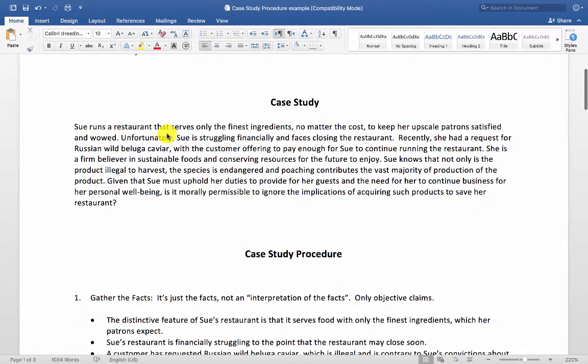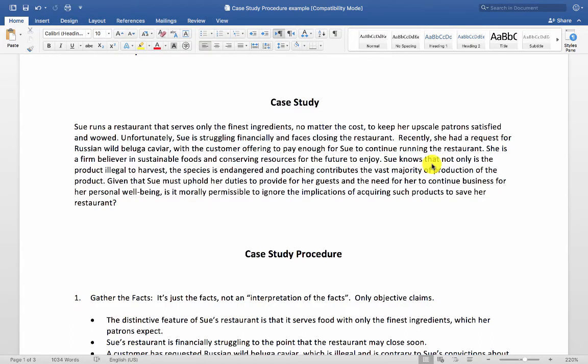Now here's the case. Sue runs a restaurant that serves only the finest ingredients, no matter the cost, to keep her upscale patrons satisfied and wowed. Unfortunately, Sue is struggling financially and faces closing the restaurant. Recently, she had a request for Russian wild beluga caviar, with the customer offering to pay enough for Sue to continue running the restaurant. She is a firm believer in sustainable foods and conserving resources for the future to enjoy.